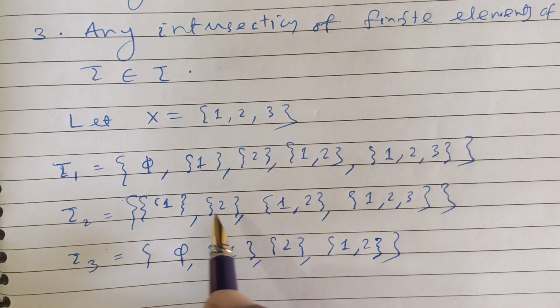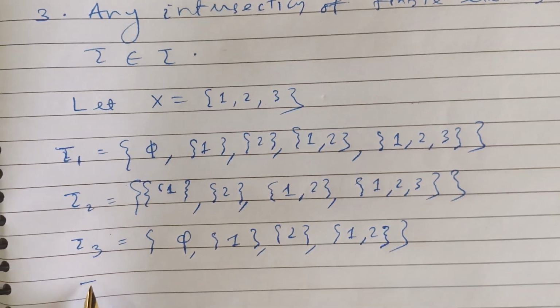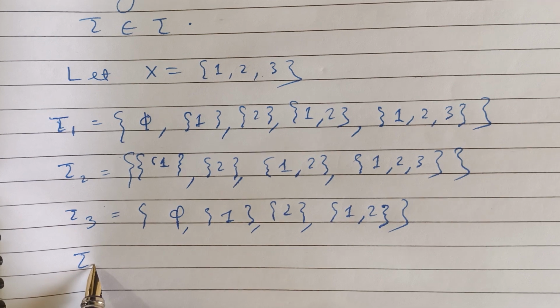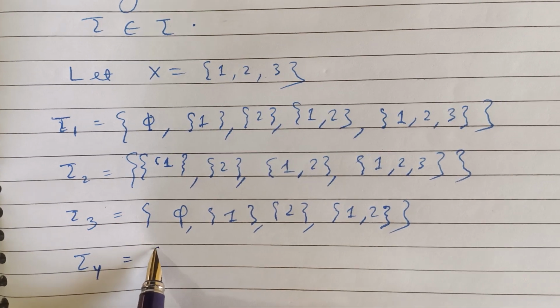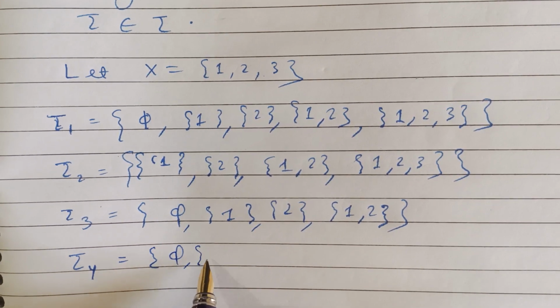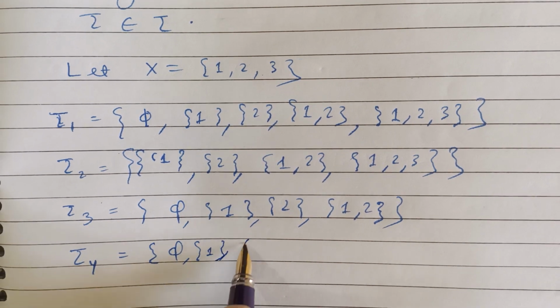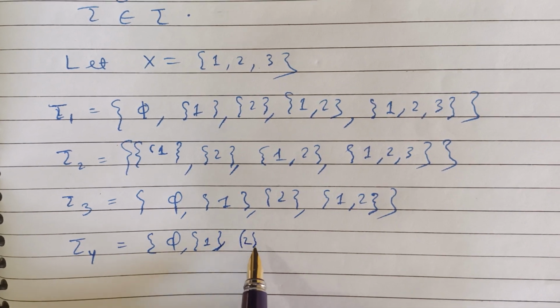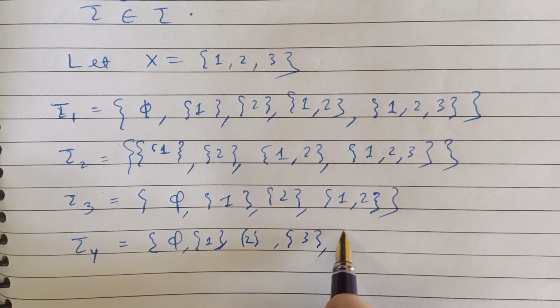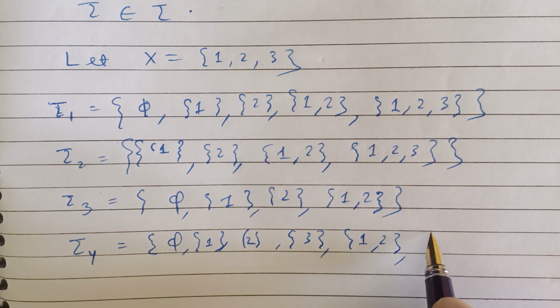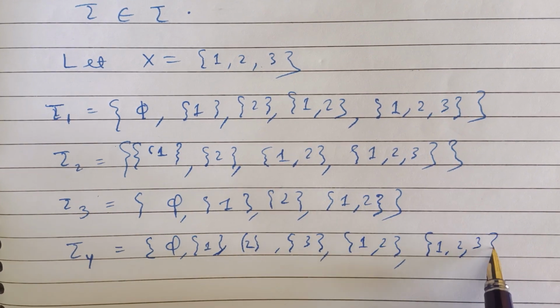See, all the elements of these sets are subsets of X. Tau 4 is, let us take {phi, {1}, {2}, {3}, {1,2}, {1,2,3}}.